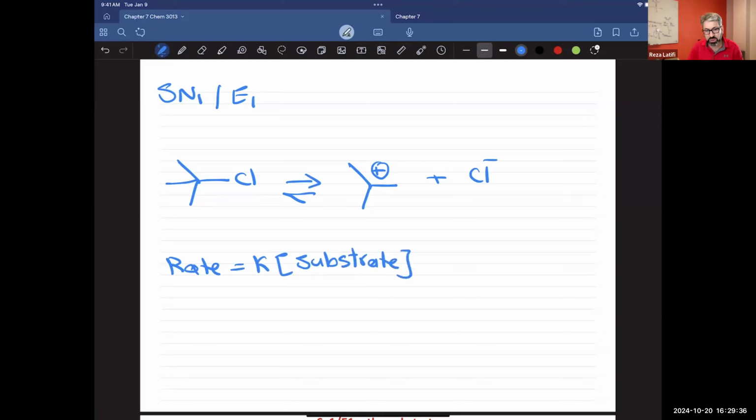Now, where is the nucleophile? The nucleophile will be added in a step that is going to be way faster than the first step. This one is the rate determining step. That means it's slow. So we're going to have another step, and in that step, the nucleophile will be added. So you are adding a nucleophile in a step that is already fast.